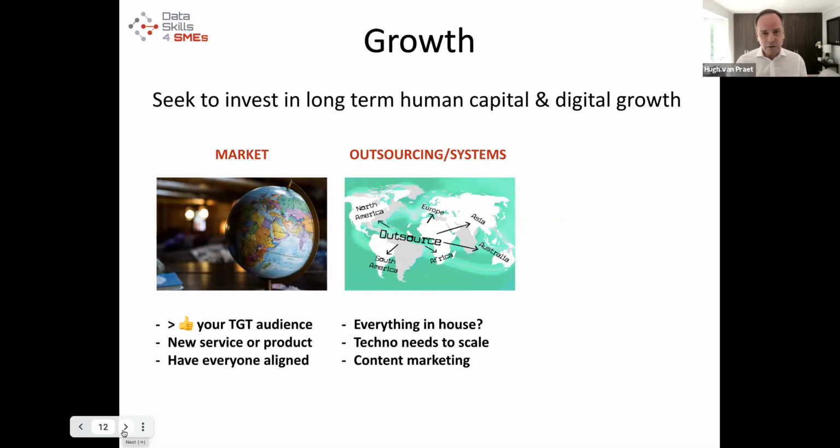When I talk about content marketing in the growth part, it's providing value to your prospects and your customers. It's not selling your product. Of course, it has to be linked to your product and your services, but it's providing value, and it's usually free. One thing I would in the past do quite often, and I should pick it up again, is send out LinkedIn posts regularly, and I haven't done it for quite a while.